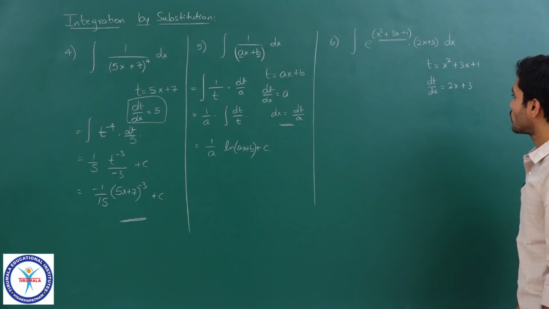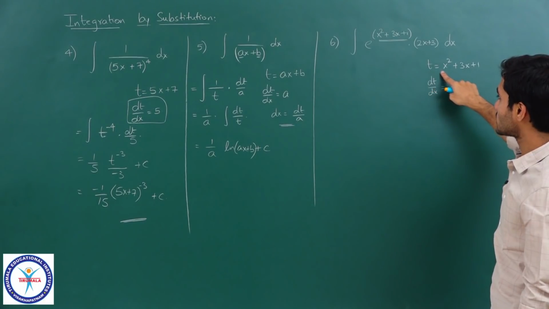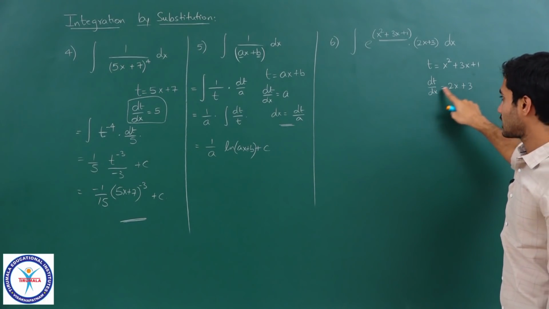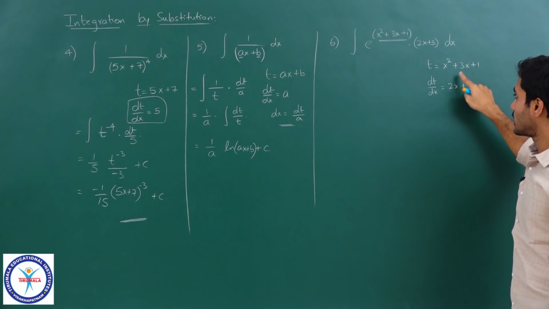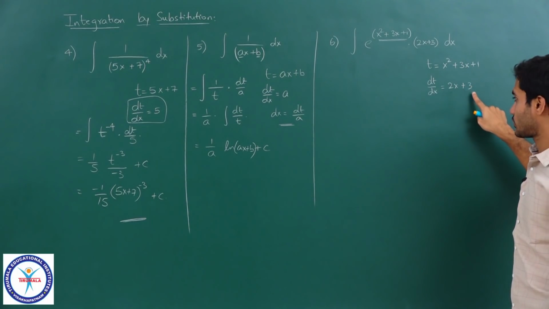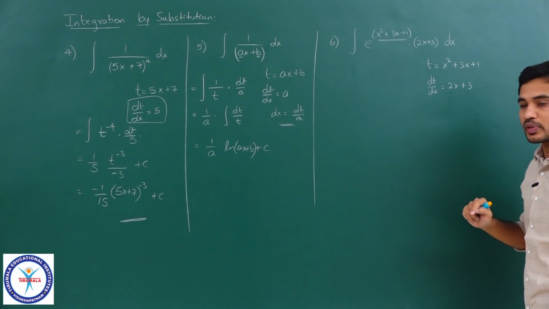So, that is the expression which we would be getting. So, do you understand this? Normal differentiation with respect to x. So, dt by dx is d by dx of x square, which is 2x, d by dx of 3x, which is 3, d by dx of 1, which is 0. So, this is the expression which we would be getting.